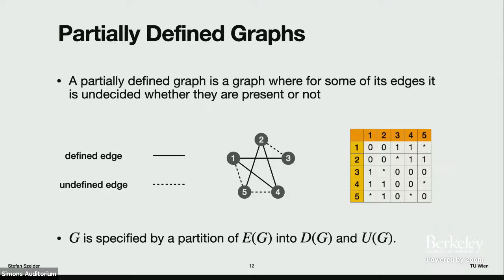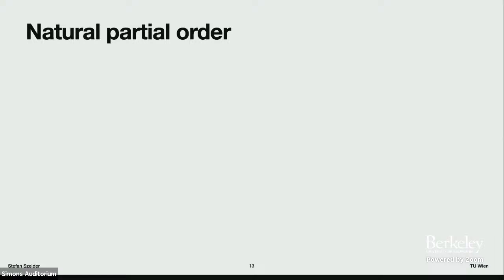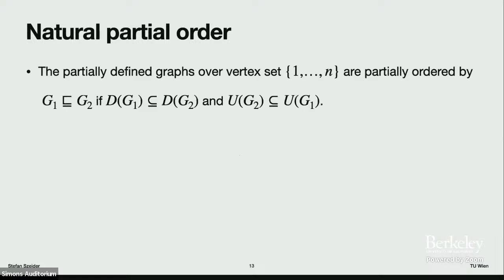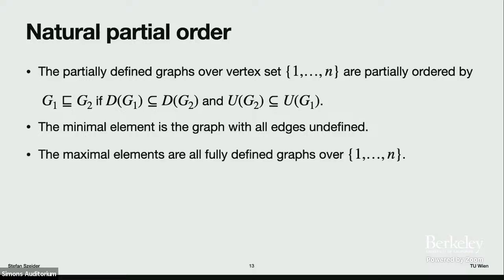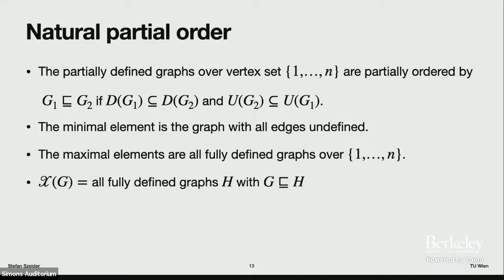And by the way, there's a very natural partial order on these partially defined graphs, where we can say that one graph is smaller than the other. So the larger one has basically more edges decided that were undecided on the smaller graph. And so in this ordering, the minimal element is the graph where everything is undecided, and the maximal elements are all the fully defined graphs over the same vertex set.